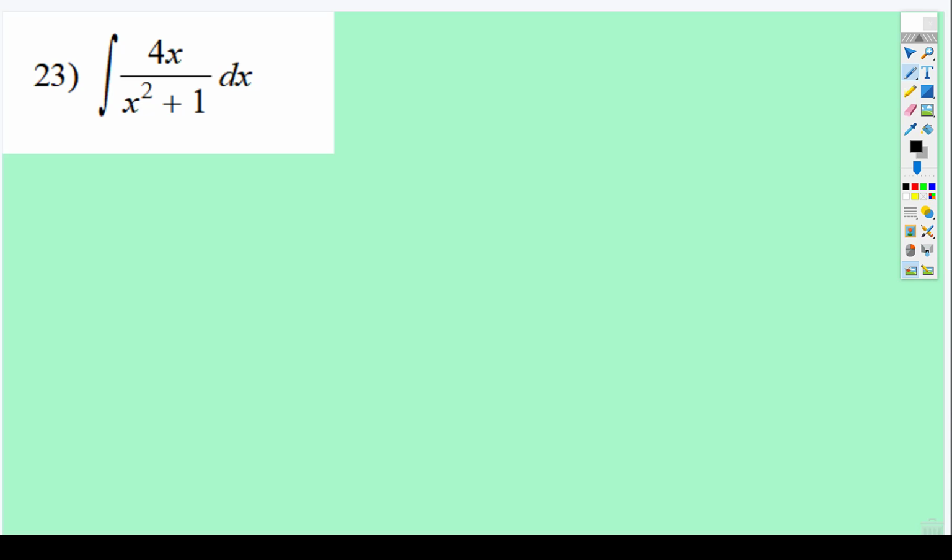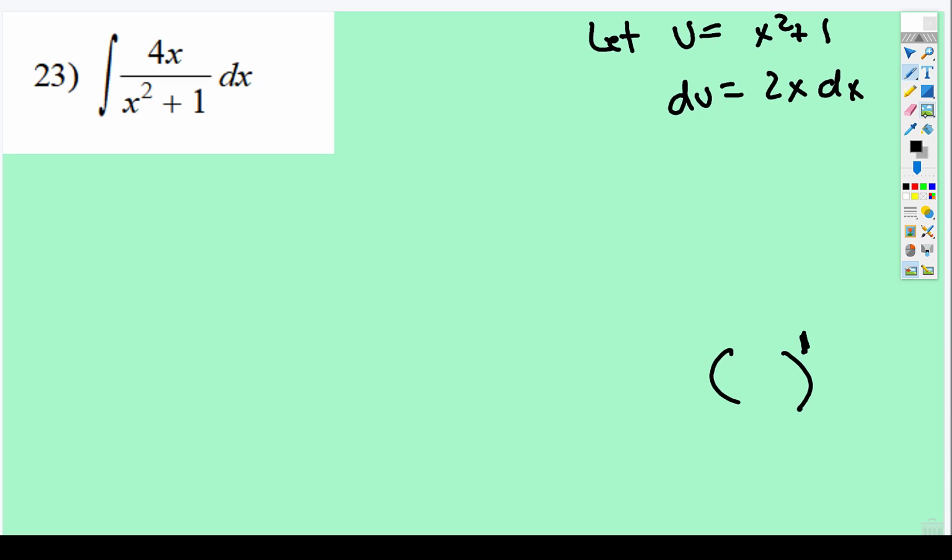So let's try another one. Okay, this one does not have parentheses with a power, so think about that as the parentheses to the first power. So we're going to say let u equal x squared plus 1, du is equal to 2x dx.